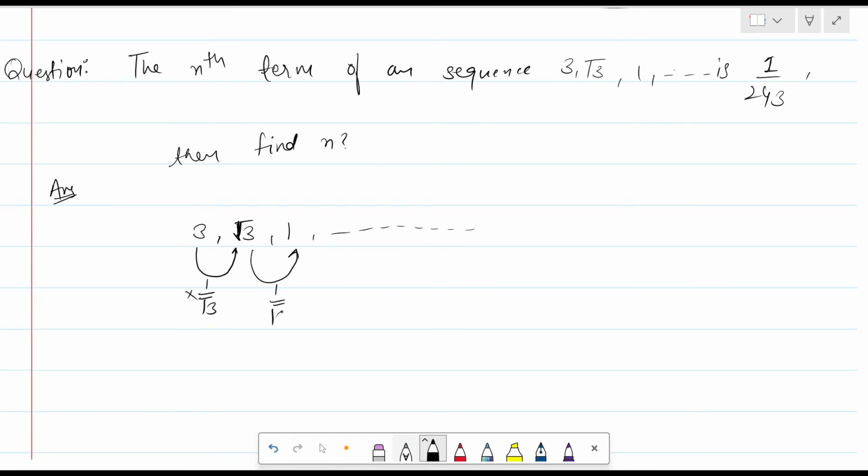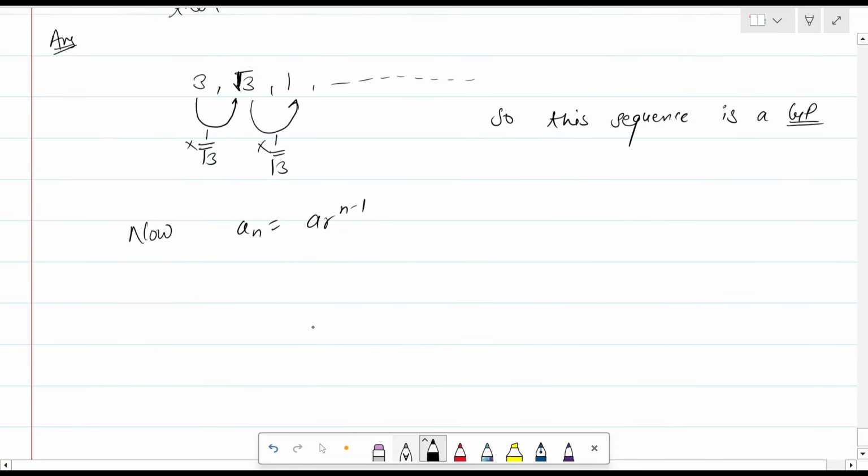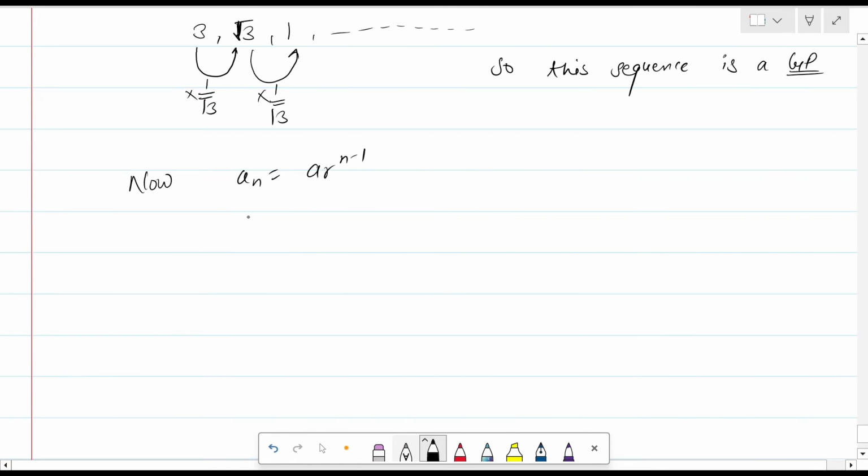It will be this. So this sequence is a GP. Now I'm writing here the formula of nth term of a GP. So clearly, what is An?